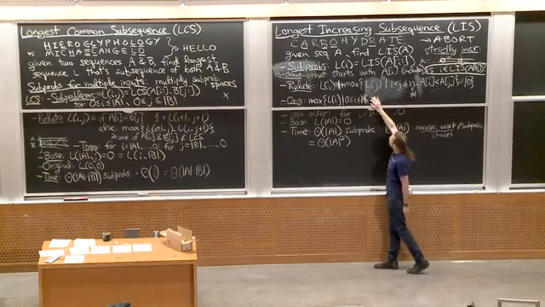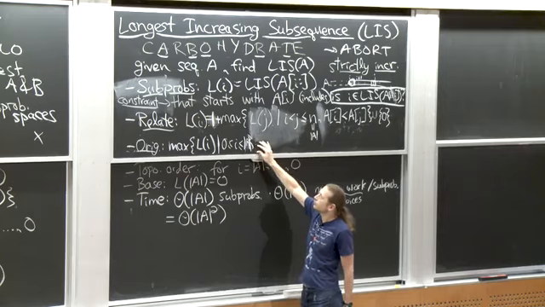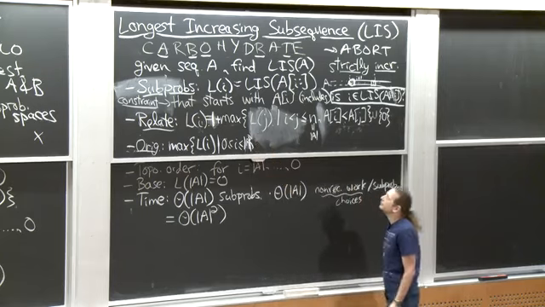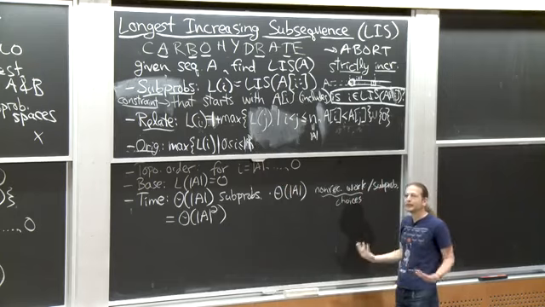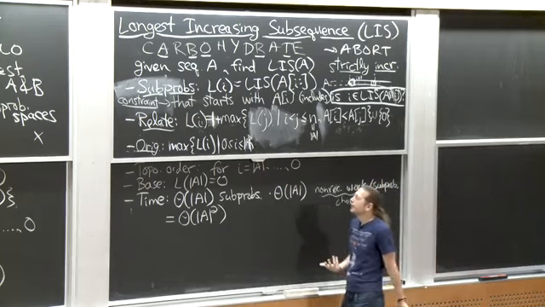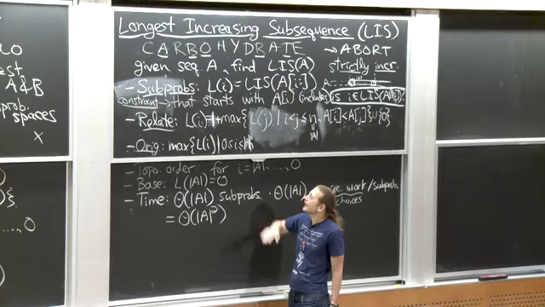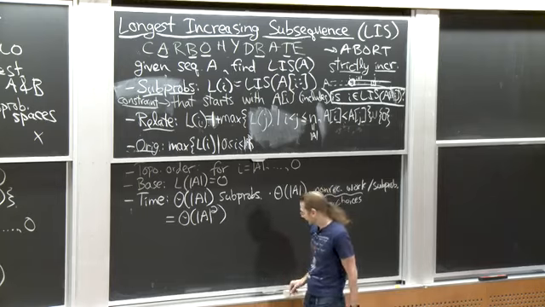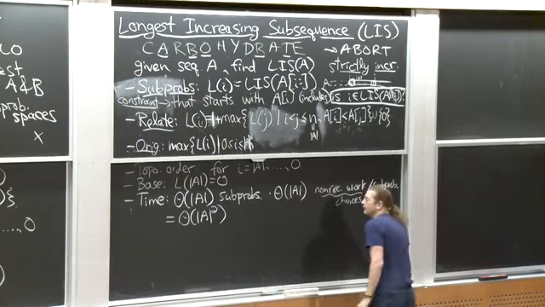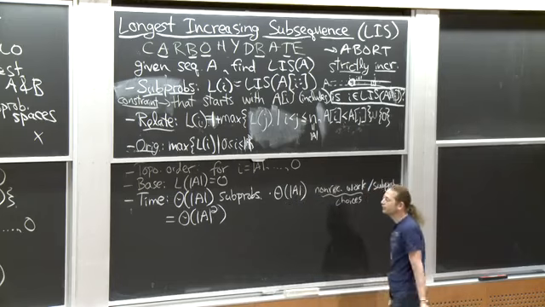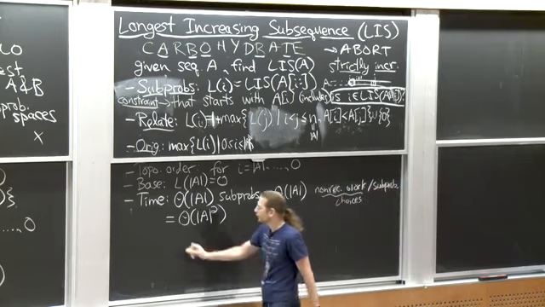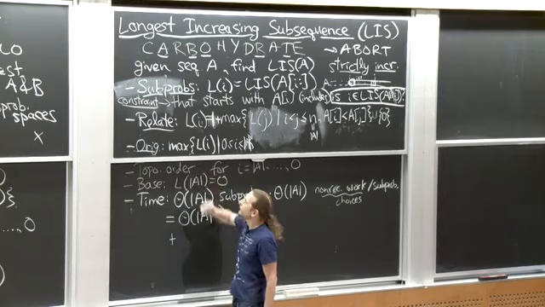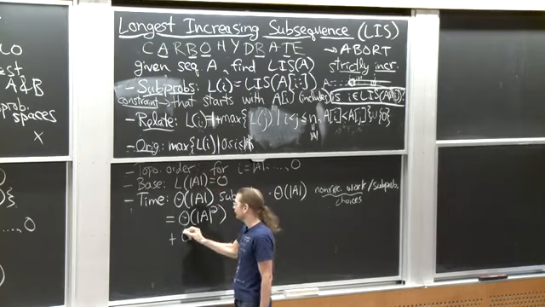Then we also use this local brute force to solve the original problem. So we added this constraint of starting at i, but we didn't actually know overall where to start. But that's fine, because there's only n choices. So I should mention in the running time analysis, there's solving the subproblems. That's fine. But then there's also a plus whatever it costs to solve the original problem. But that's OK.